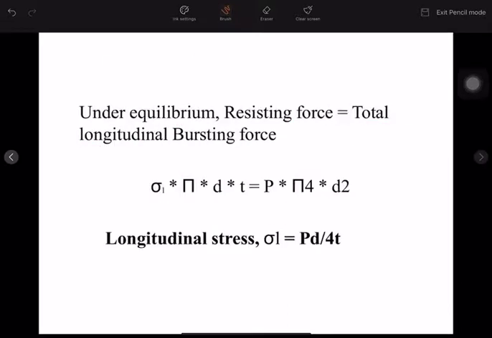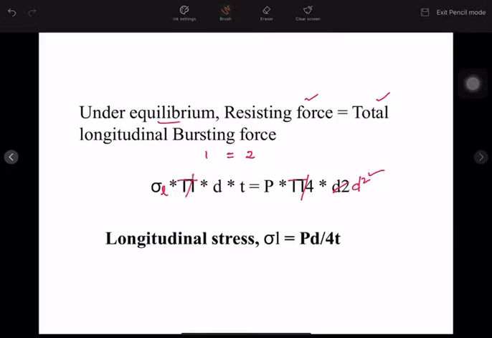So under equilibrium, the resisting force will be equal to the total bursting force, nothing but equation 1 equals equation 2. So if we equate equation 1 and equation 2, sigma L into pi into d into t equals capital P into pi by 4 into d square.